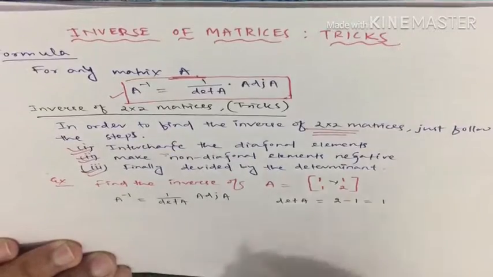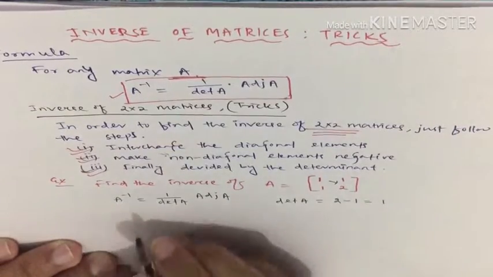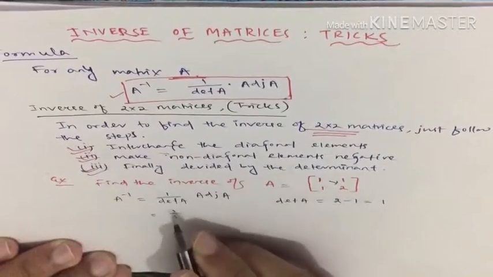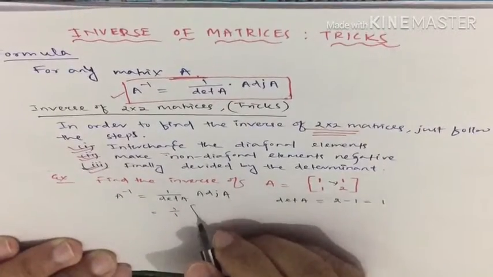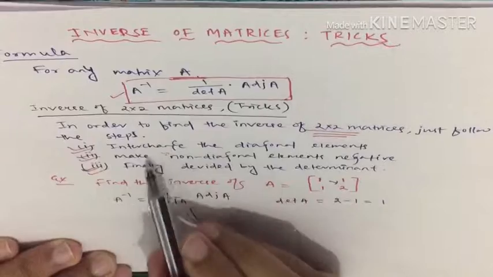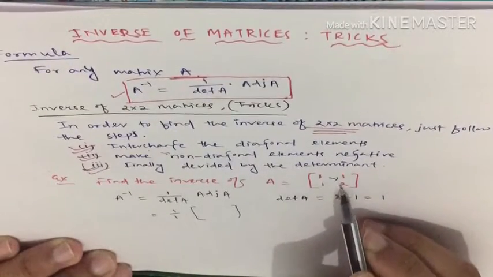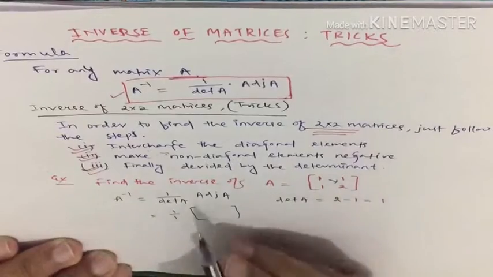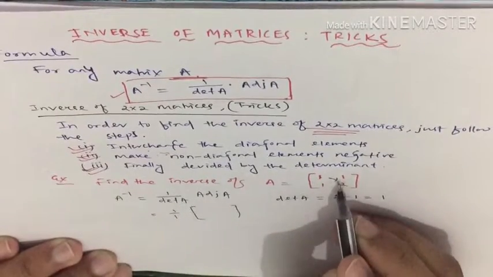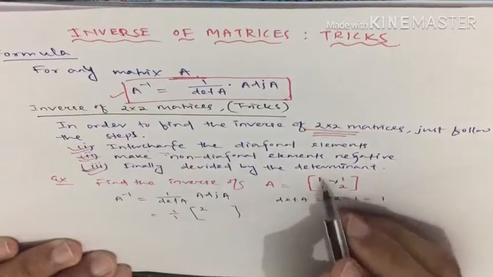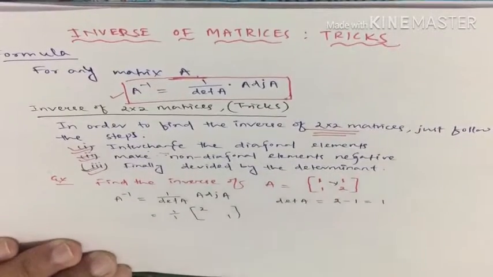Okay, so for adjoint of A, just follow these steps. So 1 by 1, simply determinant of A. For adjoint of A, just follow the step, interchange the diagonal elements. So your diagonal elements 1 and 2, just interchange them. If you interchange, 2 is placed first, then 1.